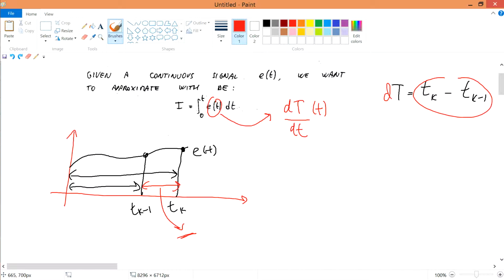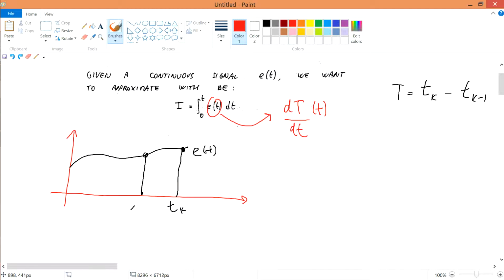If you divide by dt, such that your dt is very small, you move this tk minus 1 closer to tk. You're going more and more closer to tk, such that it is infinitesimally small, such that tk and tk minus 1 are very, very near each other. So therefore this is the point.